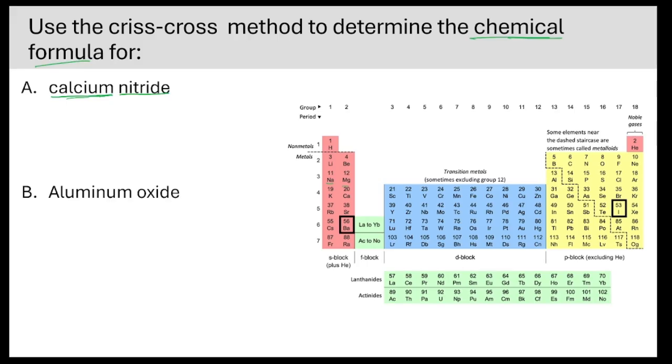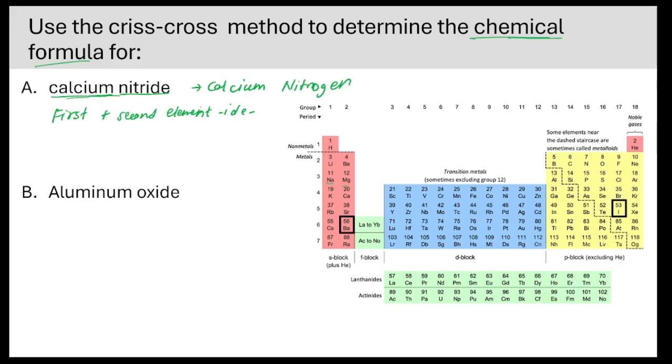If you remember the naming convention of this ionic compound, we said first element plus second element, but the name will be in the form of "ide", right? That means this will be a combination of calcium and nitrogen.